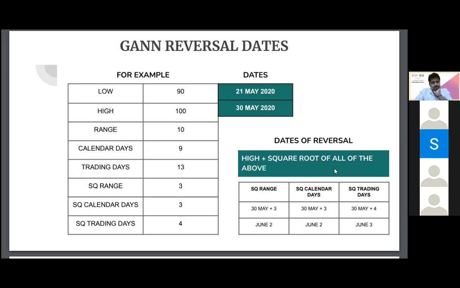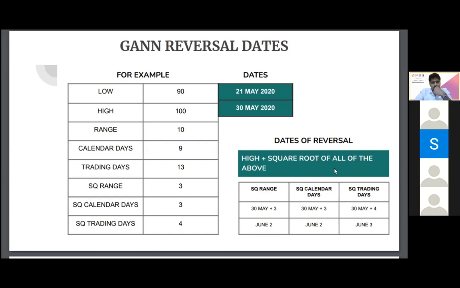High occurred on 30th May, which was 100. We got the range 10, and the calendar days, which is 9. Trading days is calendar days into 1.4 approximately, so that is 13. We can find the square root of range, calendar days, and trading days as well, approximately, which comes out to be 3, 3, and 4.